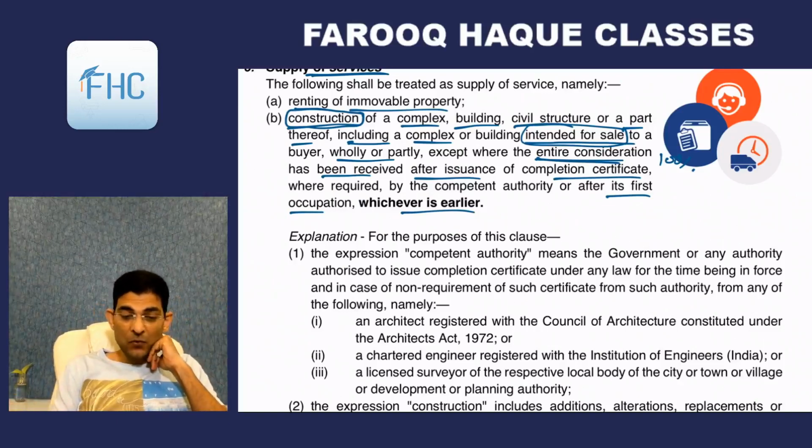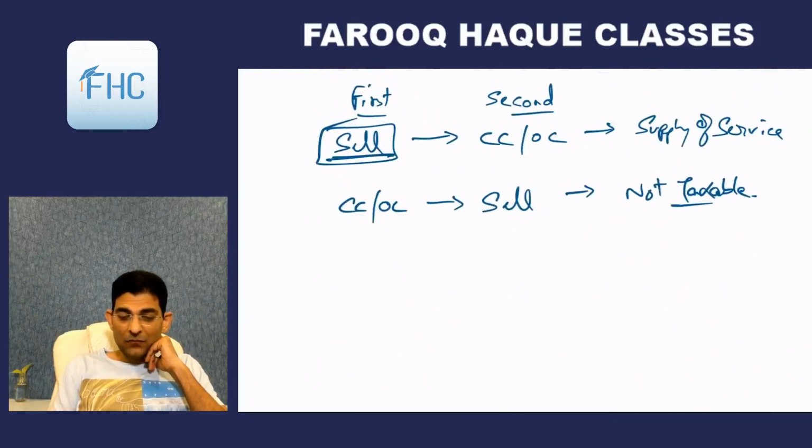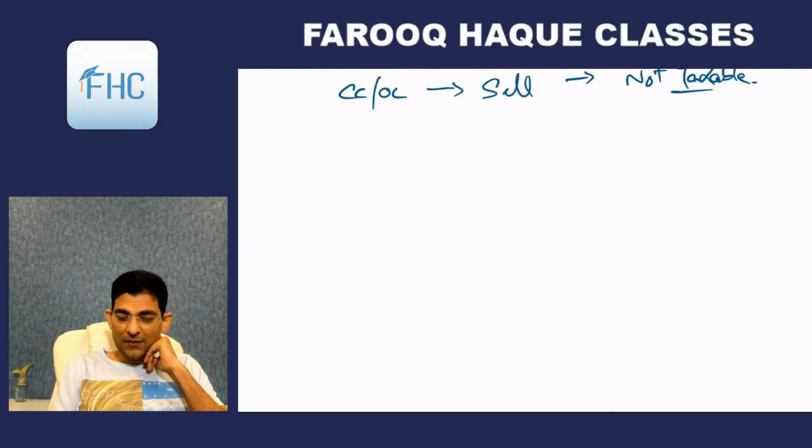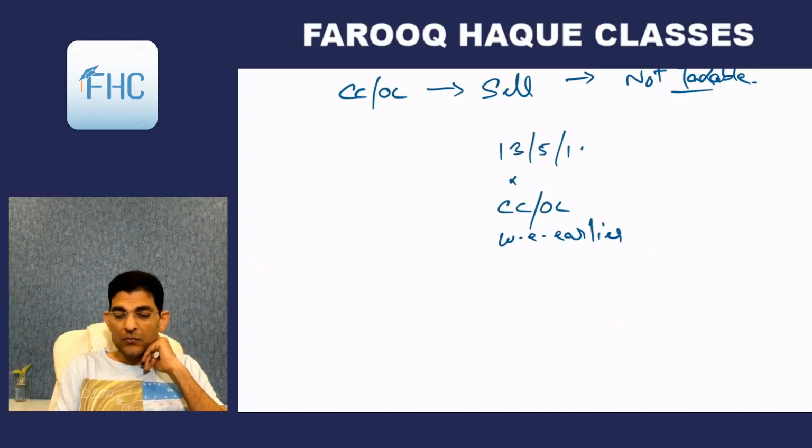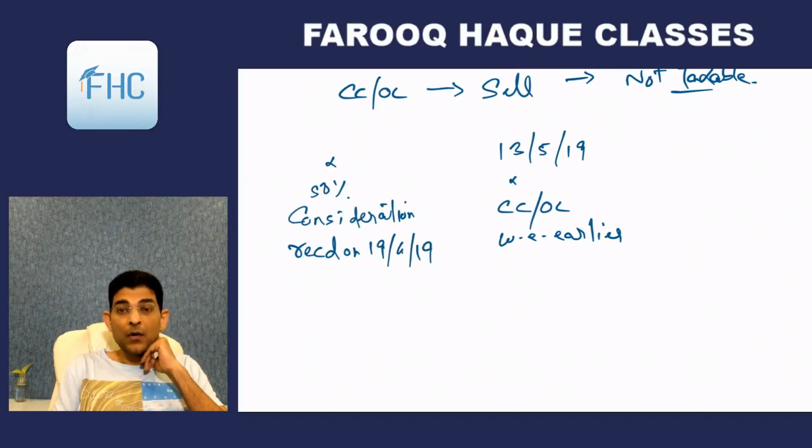Got it? So I'll explain one more point here. So what we'll do here is that if this is my completion certificate or the occupation whichever is earlier, 13th of May 2019 for example, and 50% consideration was say received on 19th April 19, and 50% received afterwards on 30th June 19.